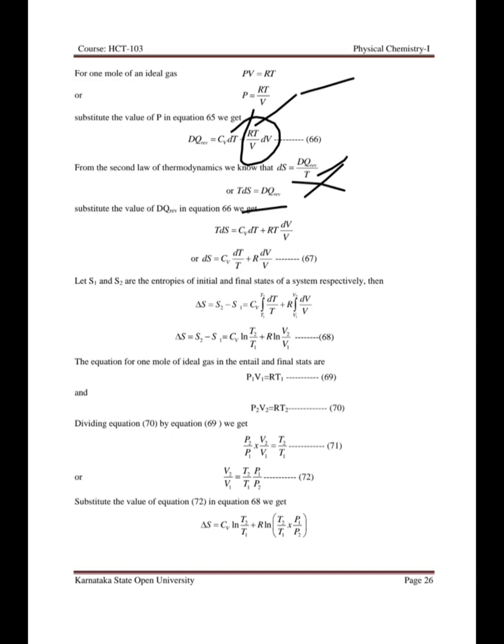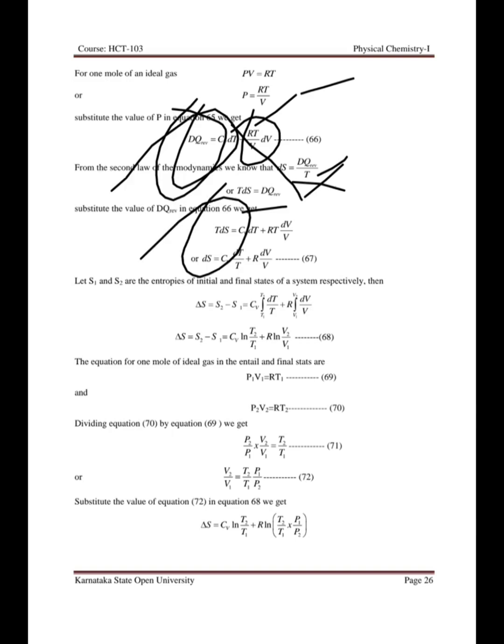Substituting the value of delta Q reversible, it can be written as T delta S equal to CV delta T plus RT dV by V, whatever the equation 66 that has been written.